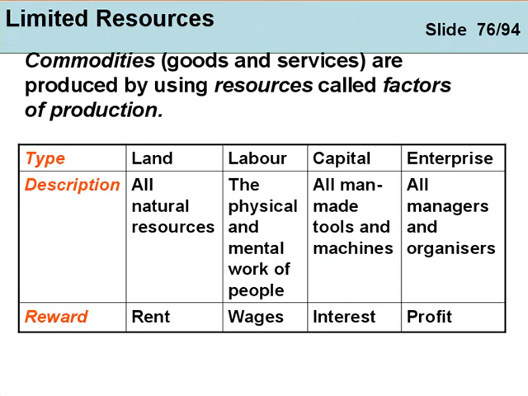It's like stored up labour. And the return to capital is interest. And the final one is entrepreneurship. Well, the entrepreneur is the person who comes up with the idea and who brings the idea into the market. And the entrepreneur is rewarded with profit.